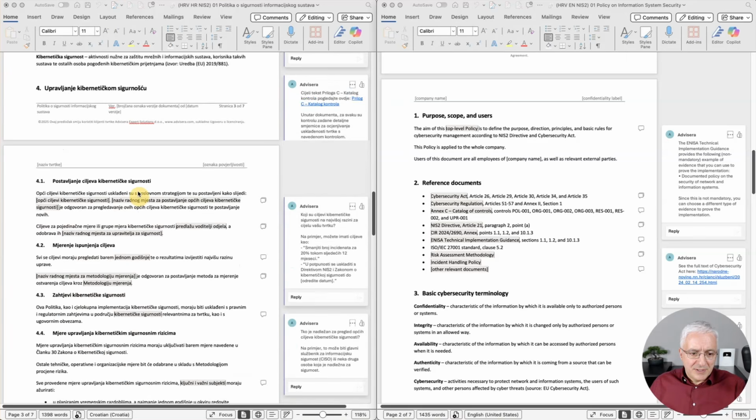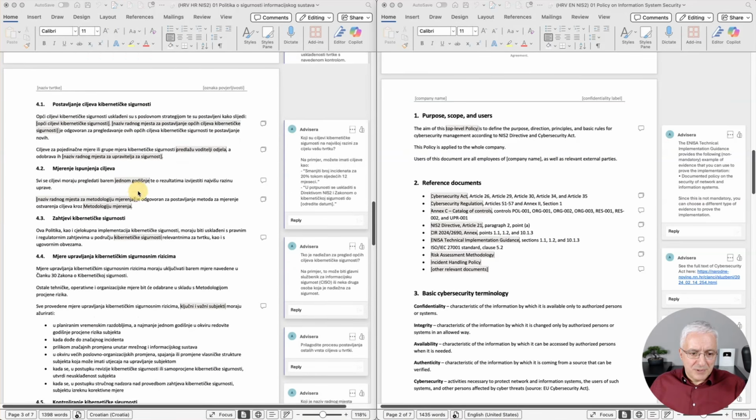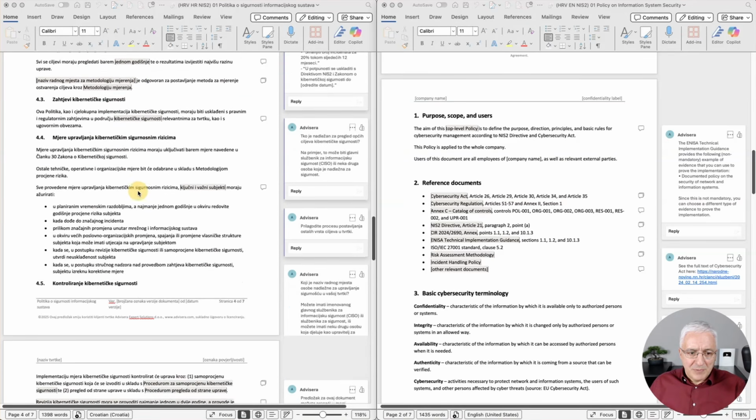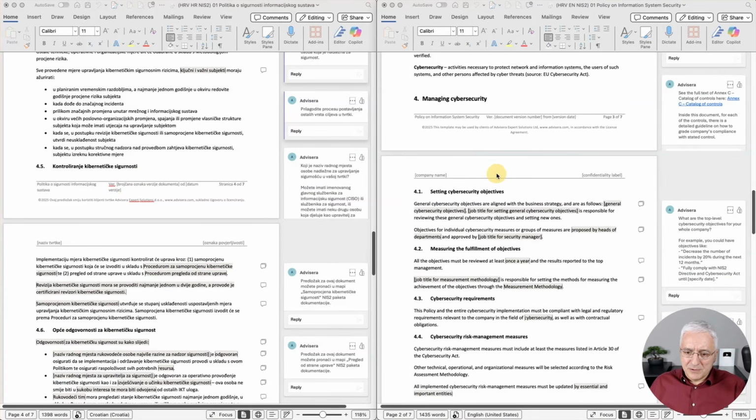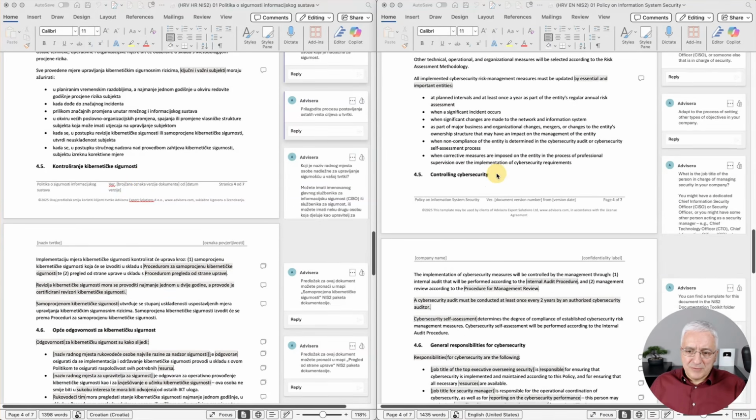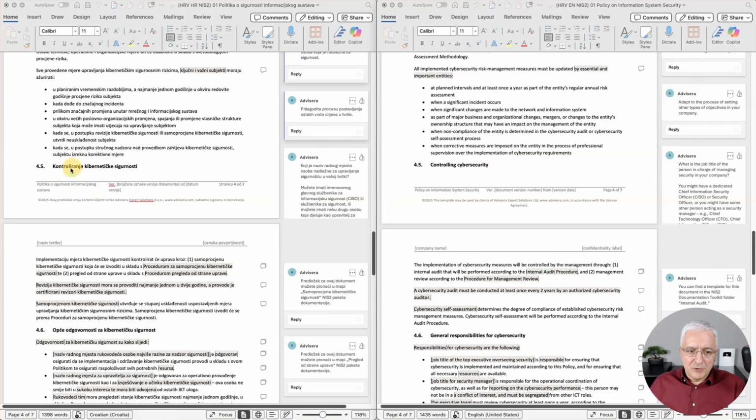So basically here in this section 4, it is described how the company needs to plan and implement all of these cybersecurity controls. And in the section 4.5, let me just scroll down also the English version. In the section 4.5, it is described how it controls cybersecurity. And basically it says here that this audit of the cybersecurity will be performed at least once every 2 years.